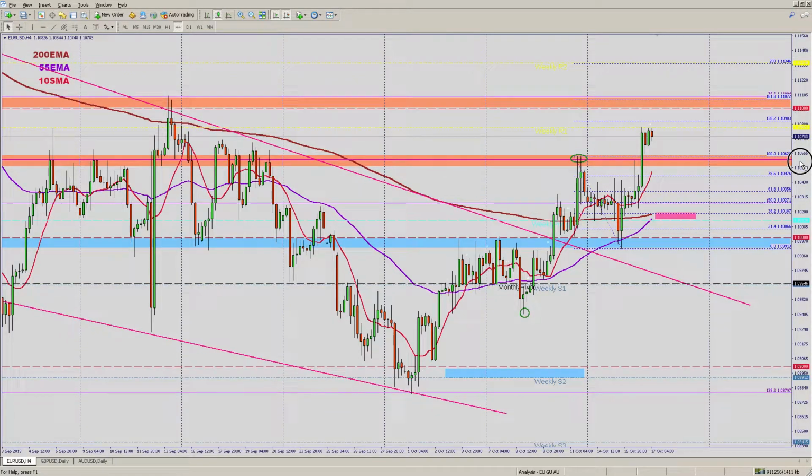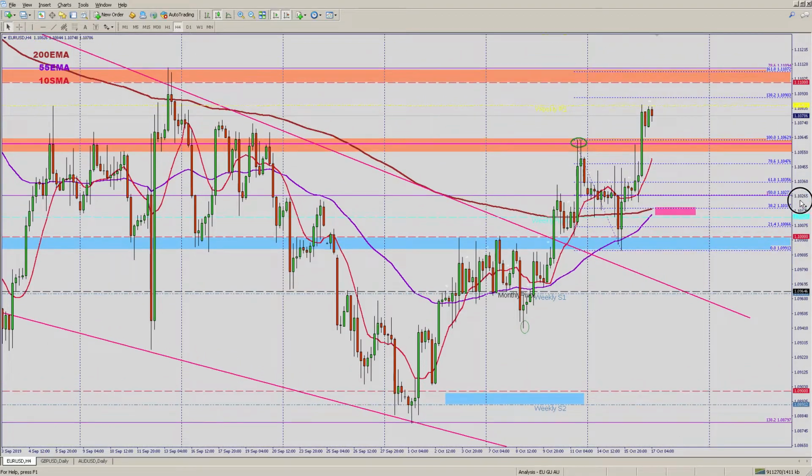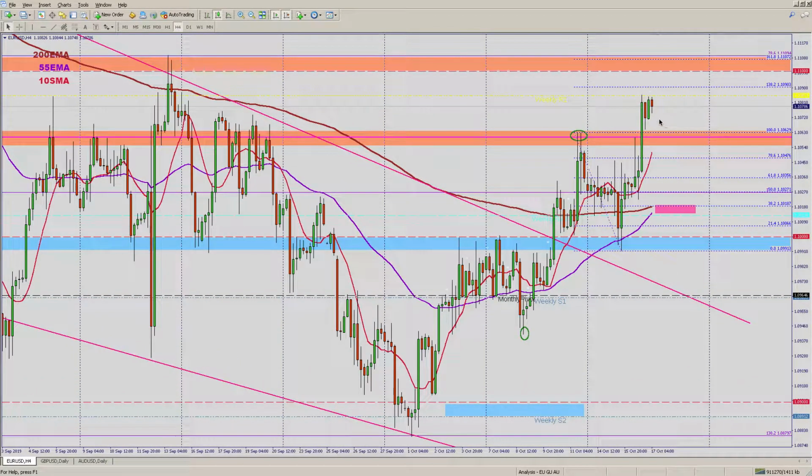Right, and yes, it looks like the 200 Fib extension level aligns exactly with the weekly R2 at 111.35. So watch out for that if there's good news coming out, hopefully by today, because later this afternoon will be the start of the first day of the EU summit.